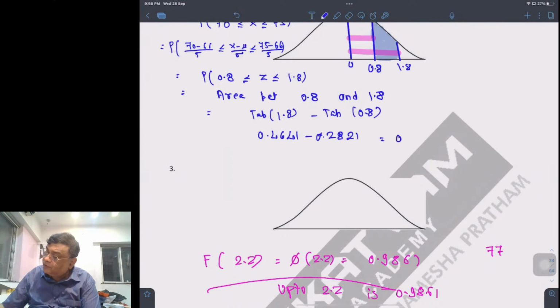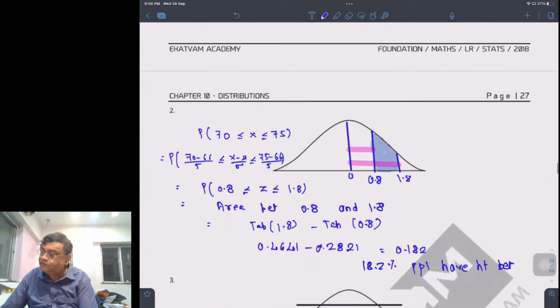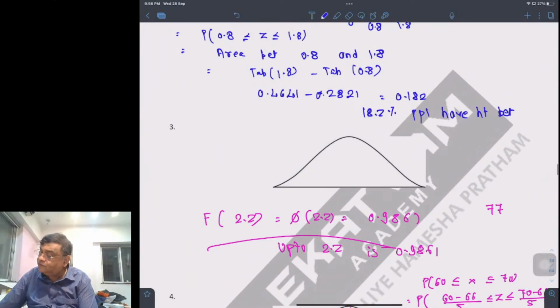Now if this is 0.182, what it means is that 18.2% of people have a height between the given values, 70 and 75 inches.